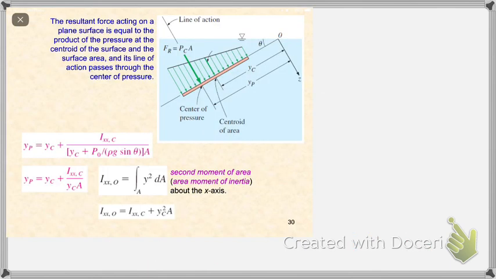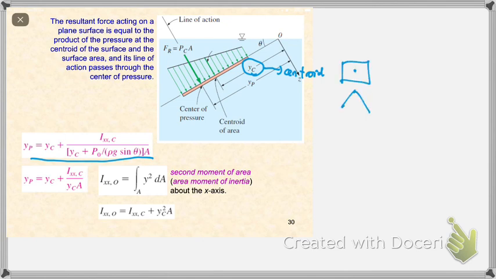Next, we look at the location of the resultant force. For the location of the resultant force, it starts off with this equation, in which you have to be very careful with your y_P and y_C. y_C always refers to the centroid of your object, which for a rectangle is half of the height.